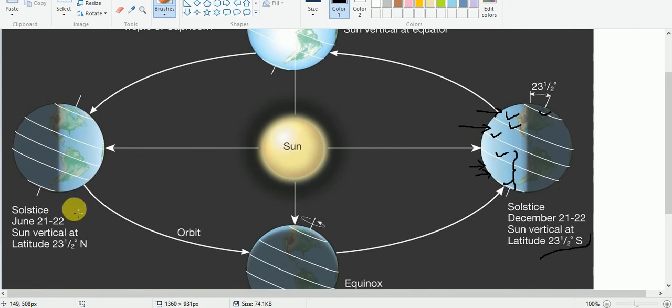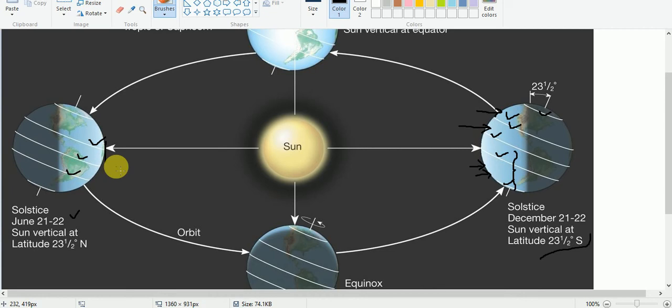In the other case, on June 21 or 22, this is the Tropic of Cancer, this is the equator, and this is the Tropic of Capricorn. On this day, we will get vertical rays of the sun along the Tropic of Cancer, that is 23.5 degrees north.